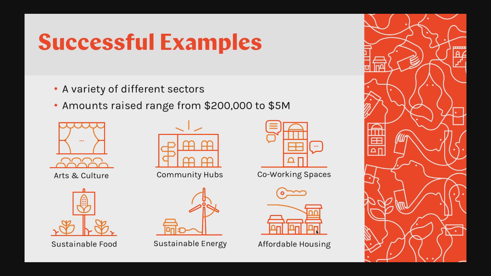Looking at all of these sectors, there have been successful community bond raises coming from all of these different types of organizations. However, in the past, there wasn't necessarily a cookbook, a set of templates, a guidebook to bring these projects to life in an organized way that's effective, efficient on your time and money.